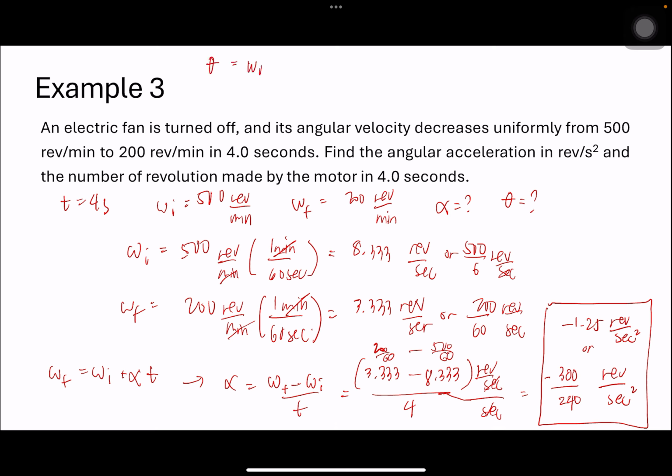For the angular displacement, we will use the third equation, and we can substitute the values. Initial is 500 over 6 revolutions per second times the time of 4 seconds, plus 1/2 times the angular acceleration that we just got, negative 1.25 revolutions per second squared, then multiply it with the time squared.